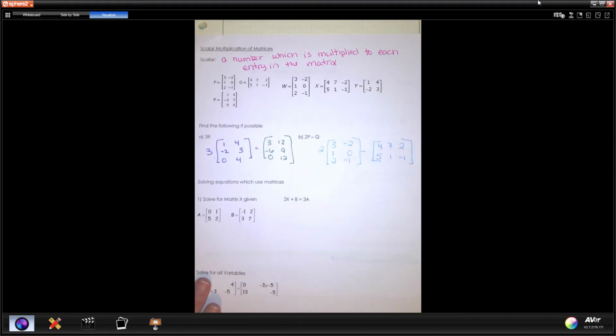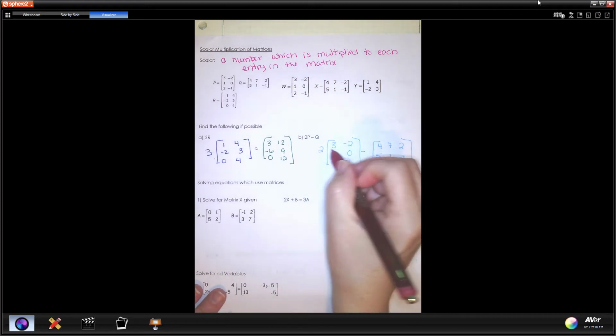Before we even begin, what should we probably think to check for, since we are going to have to do some subtraction? So think for just a second before we subtract, what do we actually do? You guys are absolutely right. We have to see, do they have the same size, dimension, order? All of those words mean the same thing.